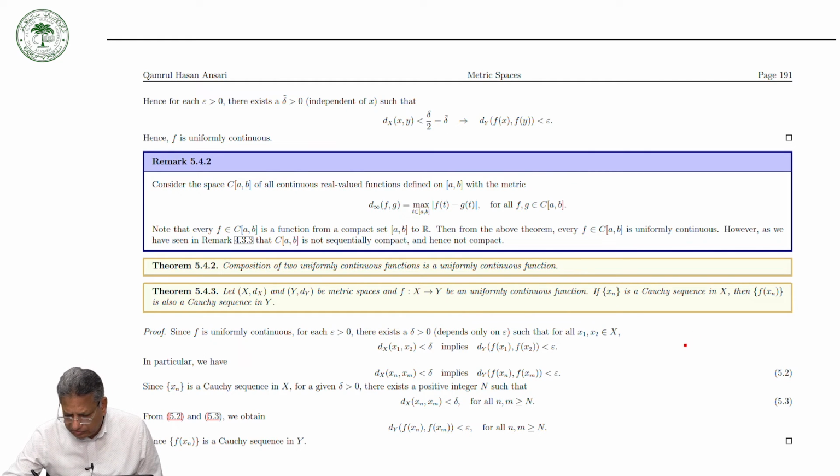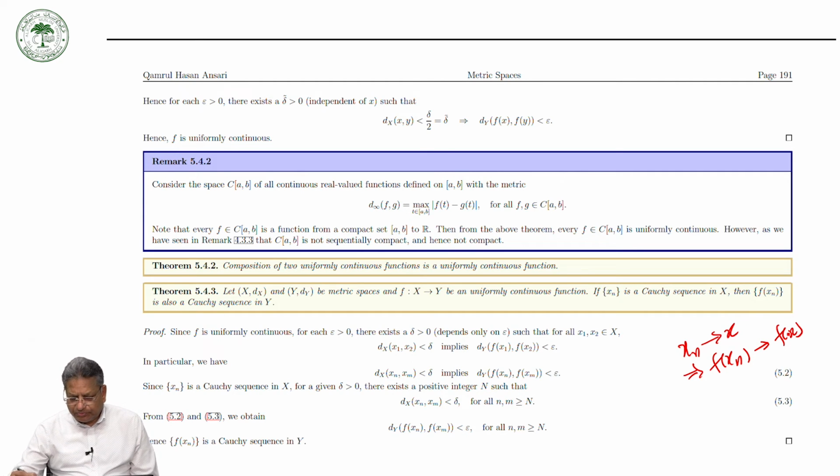Continuity is equivalent to this one. Now the question is, if x_n is a convergent sequence, then f of x_n is also a convergent sequence. Okay. Now what about the Cauchy sequence?